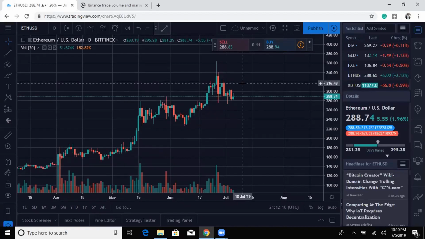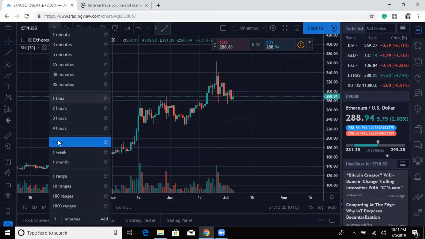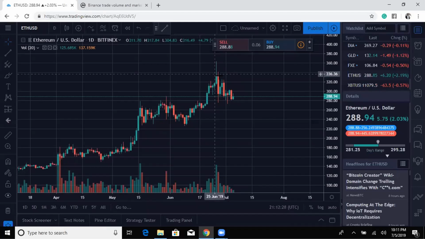So this is one day. This candlestick right here is one day. This is one day. This red here is one day. The next is one day. So if you selected the daily, all the candlesticks represent one day.